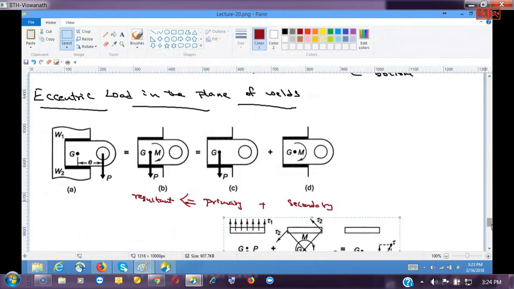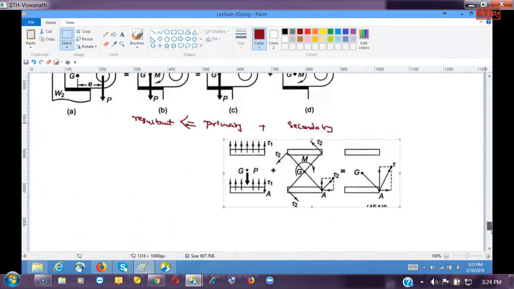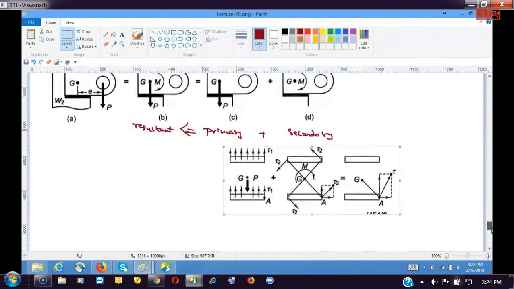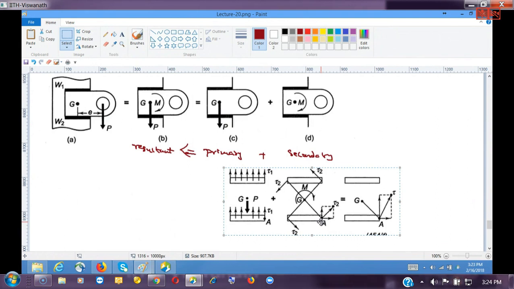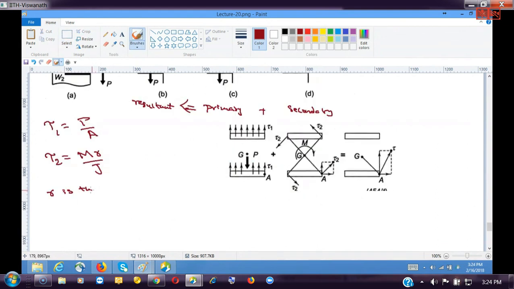So tau 1 is simply given as P by A, where A is the resisting area, whereas tau 2, because it is bending, is given as M r by J, where r is the distance measured from G, and J is the polar moment of inertia.